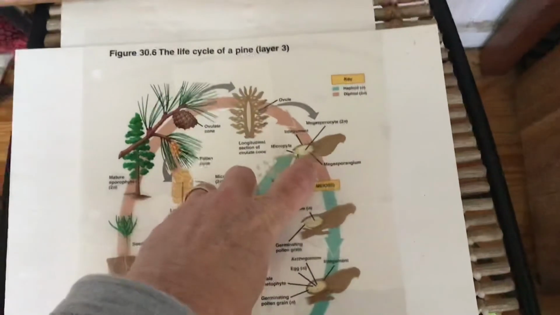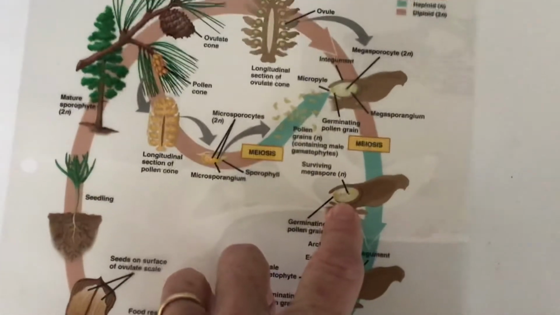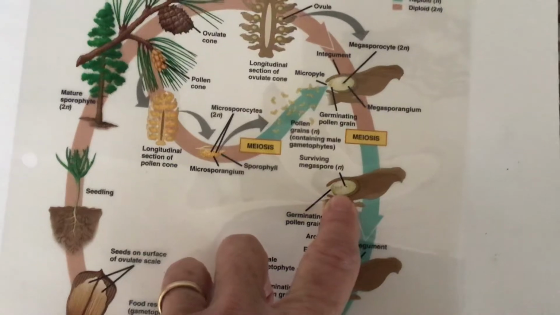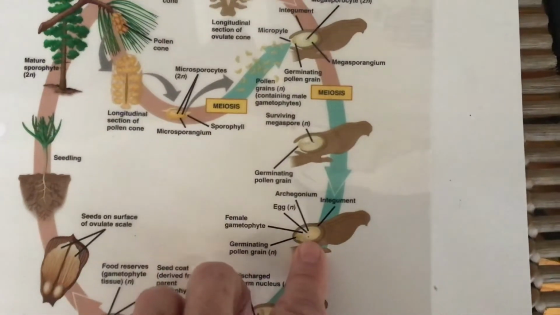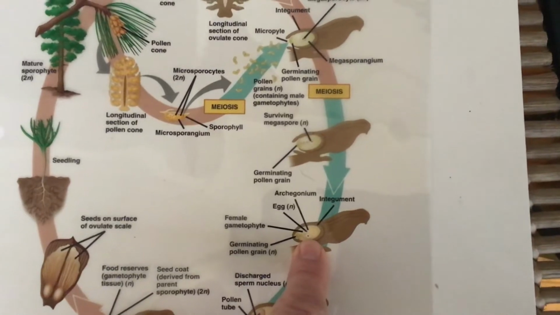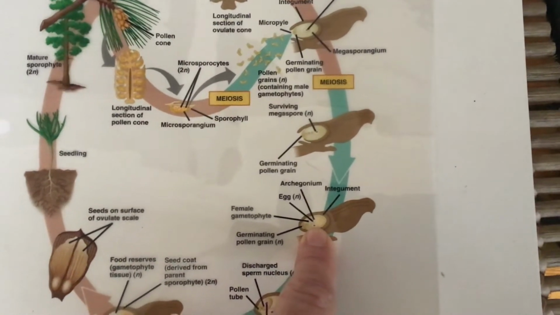All of this is 2N at this point. It undergoes meiosis and creates 4 haploid cells, of which one survives and becomes the megaspore, and the other 3 just get reabsorbed, all right? So that's going to become the egg cell.